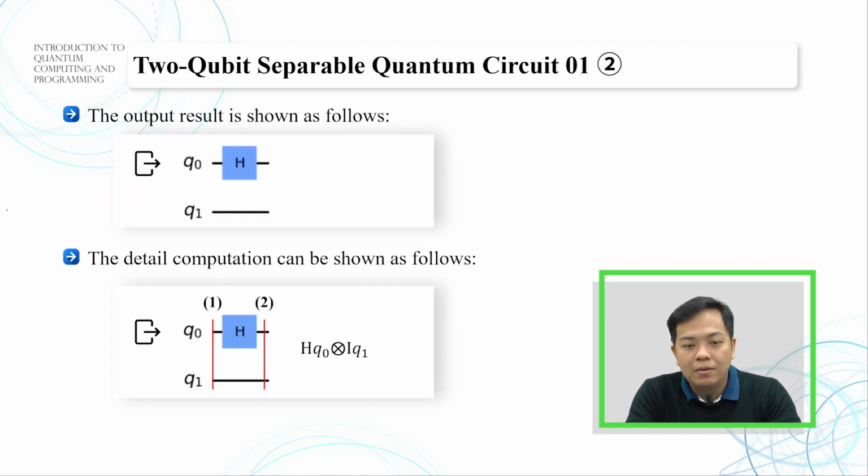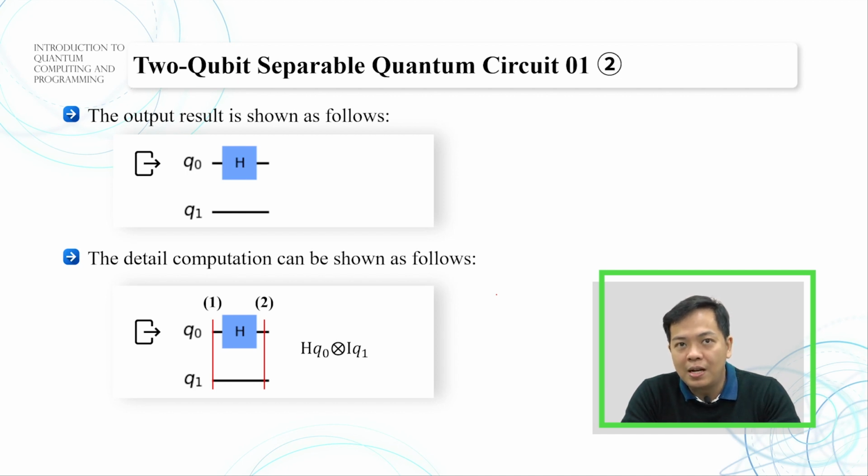After you create the 2 qubits and insert them into the quantum circuit, you can see 2 lines, Q0 with the Hadamard gate, and Q1 has no gate over here. This figure tells you that these 2 qubits are separate from each other.